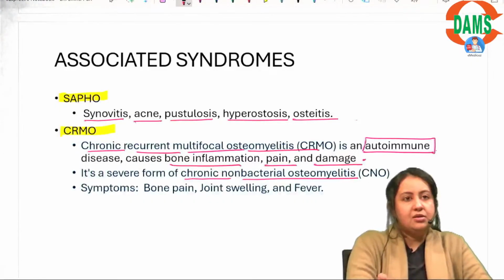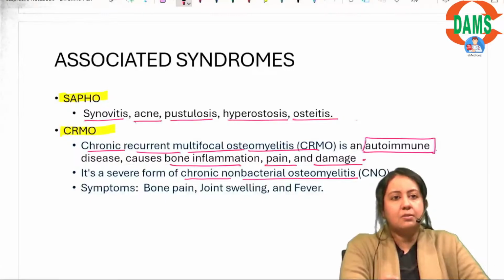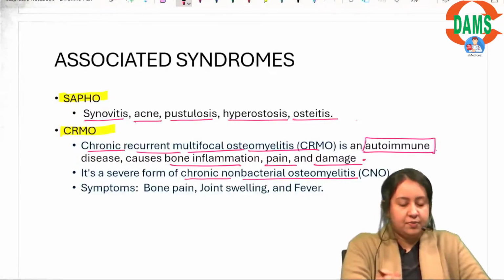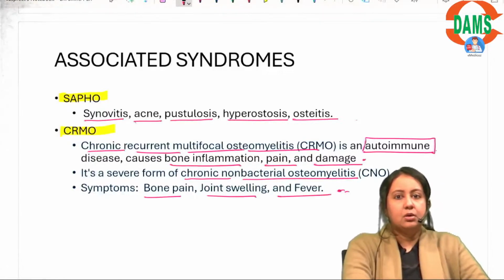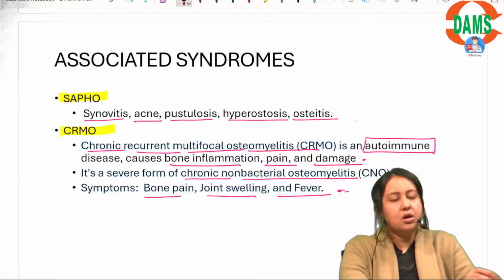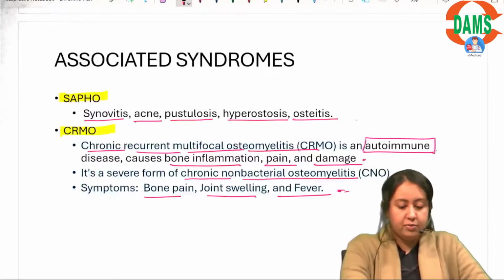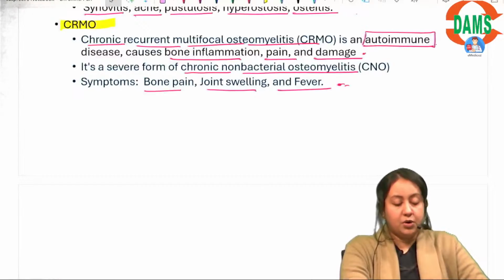Like I said, it is not due to any organism, so it is non-bacterial in origin. The symptoms are bone pain, joint swelling, and fever. So it tends to mimic acute osteomyelitis. The patient will have swelling, tenderness, fever, but it has an autoimmune etiology.